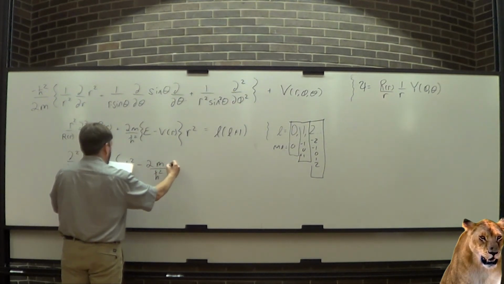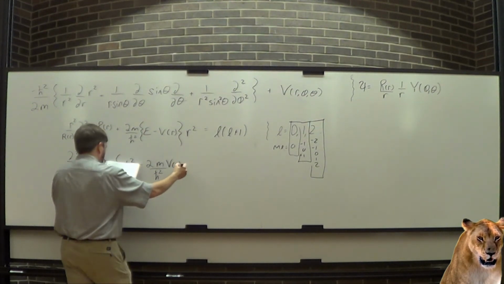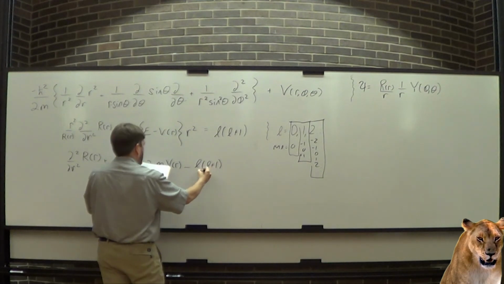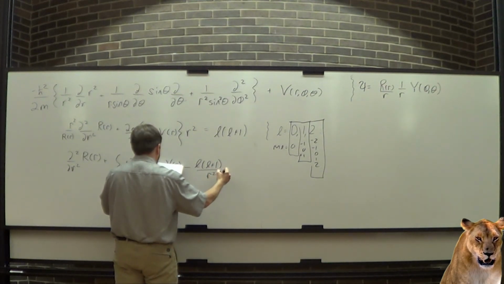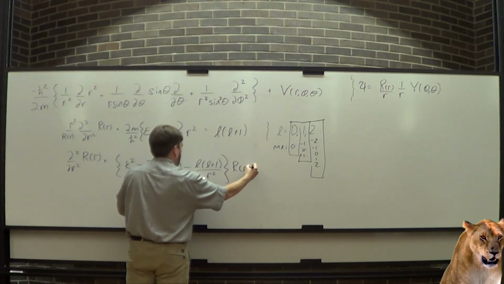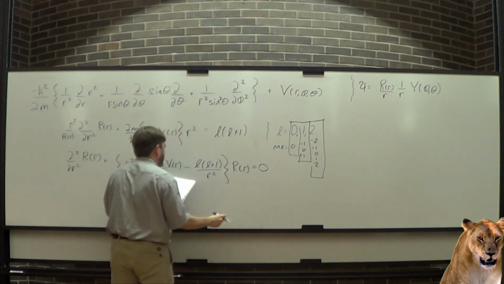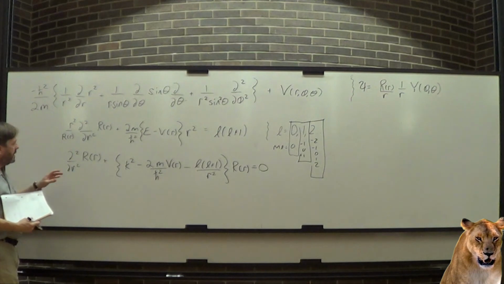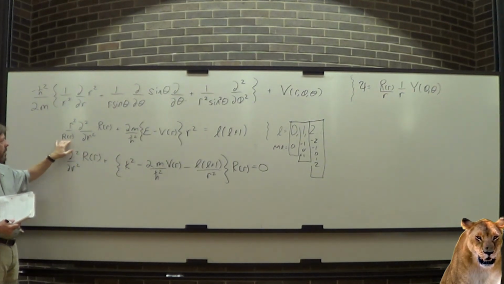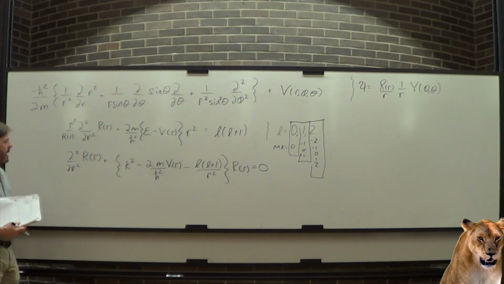I'll write that down for your notes. And then we've got minus L times L plus 1 over r squared. So I've divided by r squared. I've done some algebra, but it's very trivial. Again, I've multiplied by r, the function I'm looking for, and I divided by r squared. And this is what you get.